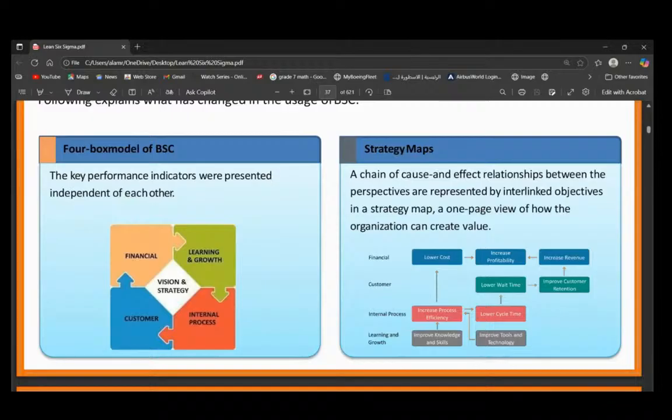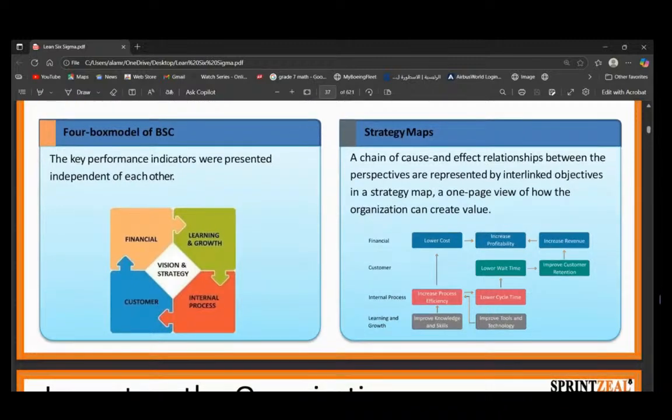Okay, now the quality gurus, what they have said. Edward Deming, 14 principles, plan, do, check, act. We are going to read that. Walter A. Shewhart, statistical process control, assignable cause versus chance cause. Joseph M. Juran, quality trilogy, top management involvement.